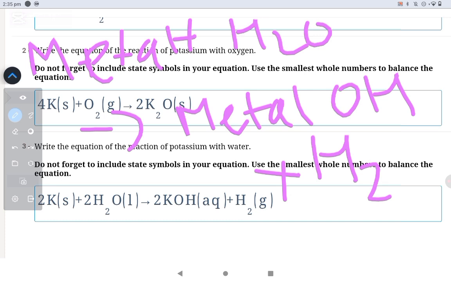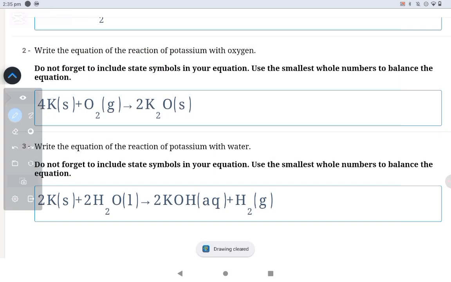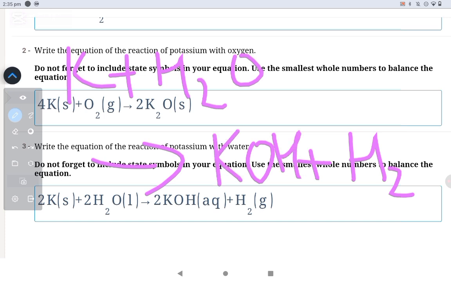So we have potassium plus water gives you, we already know, hydrogen. There's always going to be hydrogen, and we get a metal hydroxide, and it's potassium, so KOH. And now we just need to balance it.